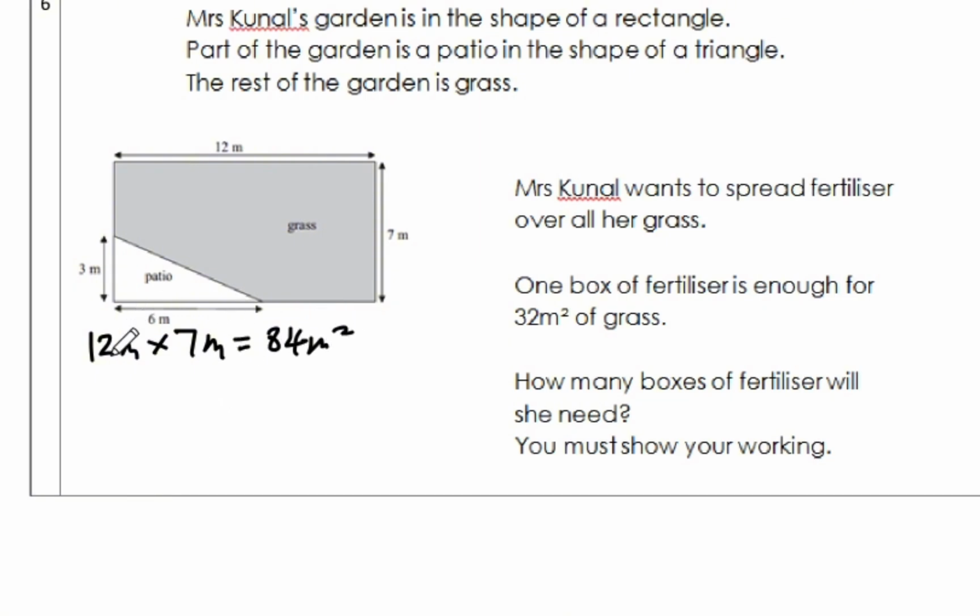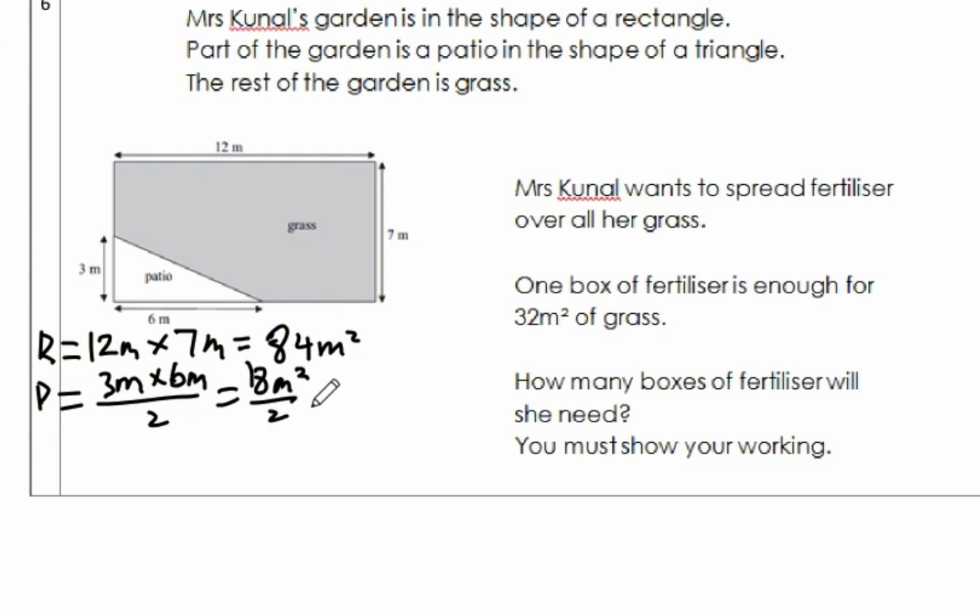And the area of the patio would be 18m over 2, which is 9m squared.